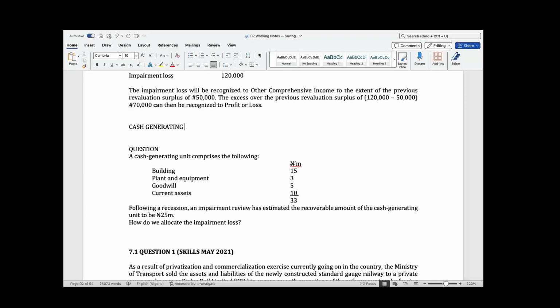There's something they call cash generating units.